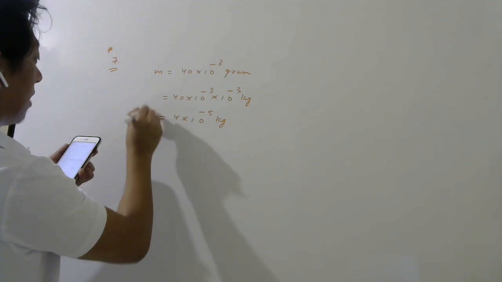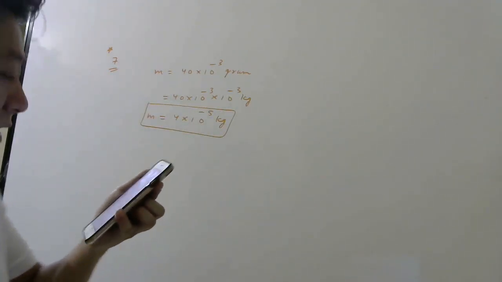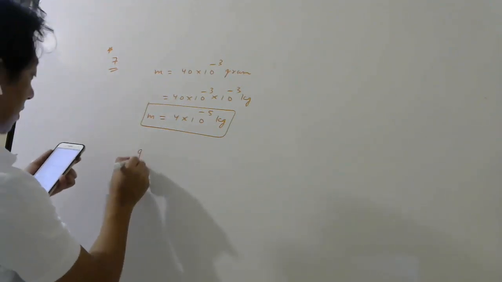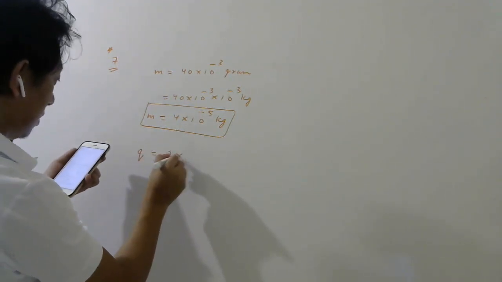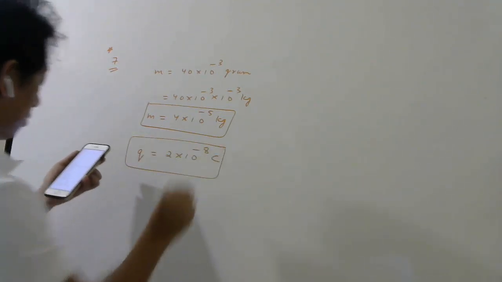So this is the mass of the bob in the pendulum. It carries a charge Q of 2 into 10 power minus 8 coulomb. This is the charge on the bob.